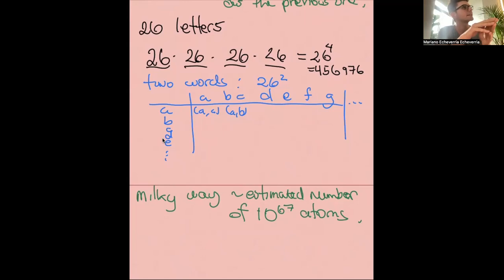So if you thought about sentences with 67 characters or symbols, which is not that much, right? A sentence of 67 symbols or letters is not such a big sentence, right? That number is already bigger than the number of atoms in the entire Milky Way galaxy.